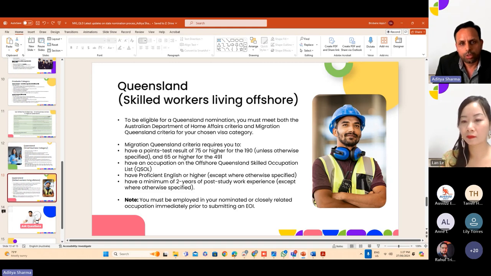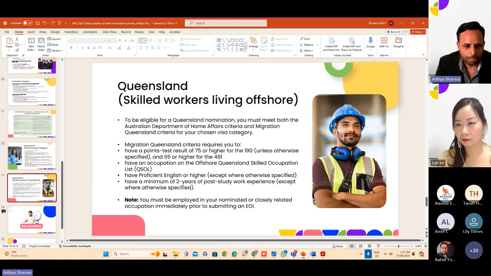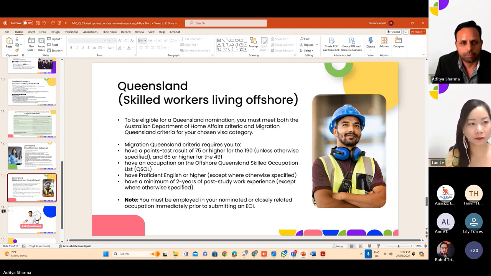So if you are offshore, you have to have your own points. The occupation you are applying for needs to be in the QSOL. We can tell you in detail what the QSOL looks like. You just get in touch with us and we will explain whether your occupation is in the list or not.